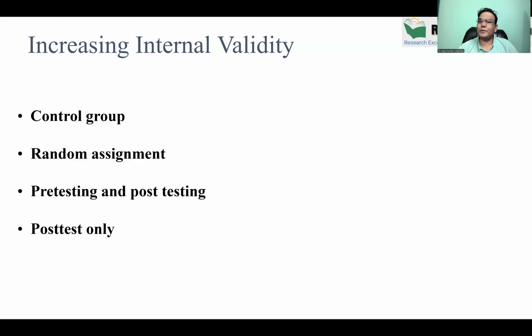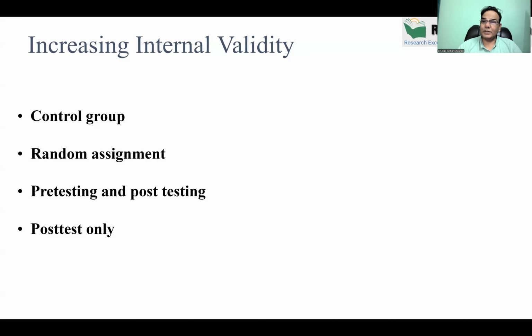After the experiment they must be different, but initially they should be the same. Post-testing means checking what the difference is now. And with post-test only, sometimes you don't check initially, only after. These are the different options we have to confirm that experiments are sound.